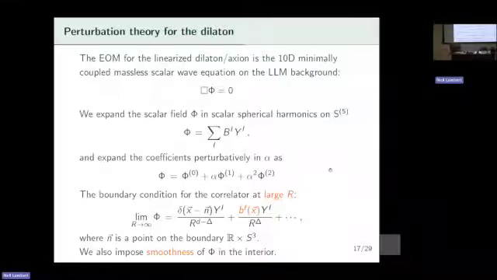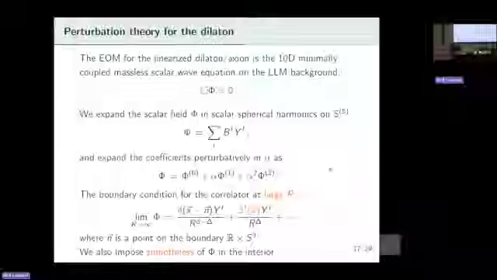So let me briefly tell you about the light probe. The light probe that I'm going to consider is the axio-dilaton, because it has the simplest possible bulk equation, simply box phi equals 0. And I'm going to solve this equation of motion perturbatively in alpha with the following boundary conditions. First, I will impose the smoothness of the dilaton in the interior of the geometry.